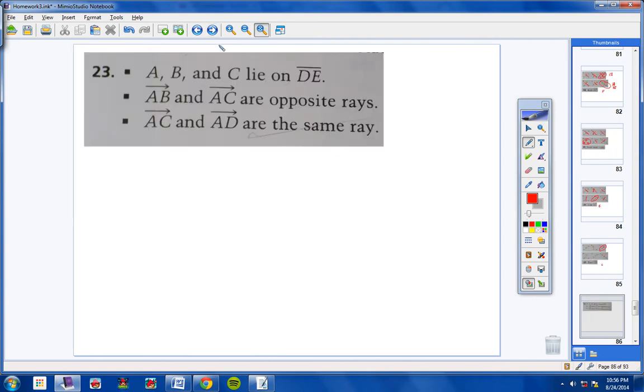All right. Number 23, the directions say, draw 5 points, A, B, C, D, E, in a plane so that all 3 statements are true. Okay, here we go. A, B, and C lie on segment DE. So there's segment DE. Next, ray AB and ray AC are opposite rays.